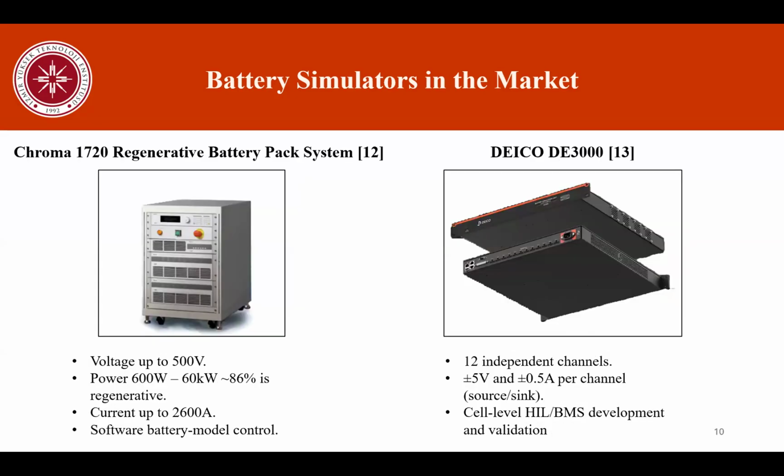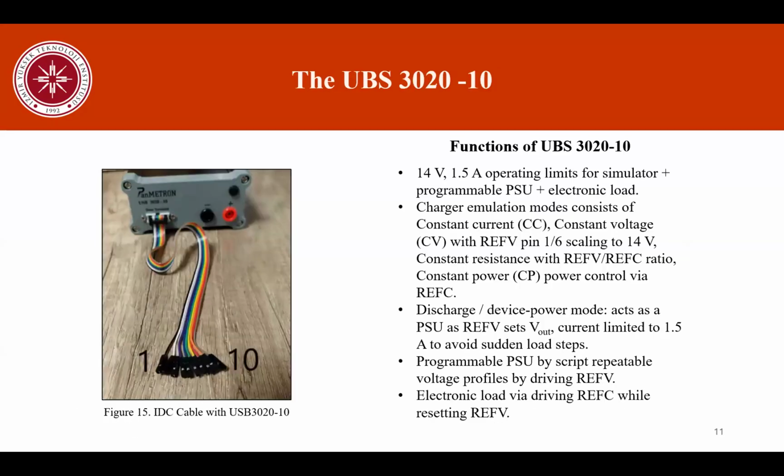And there are heavy industrial simulators in the market, such as the Chroma 7020 regenerative battery pack system. It uses regenerative power, allowing its high power to be sustainable. And there is the Eco EE3000 with 12 independent channels, each offering up to plus or minus 5 volts and 0.5 amperes.